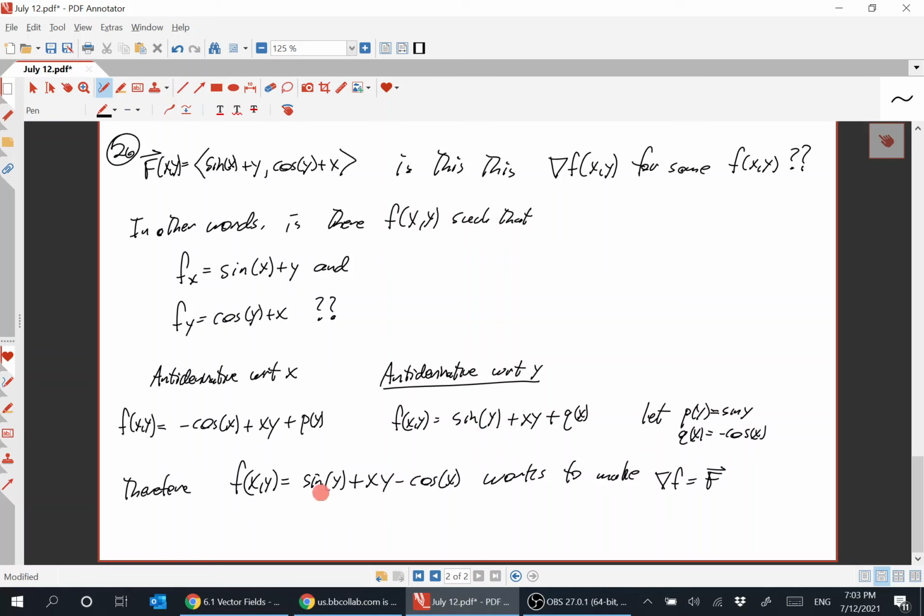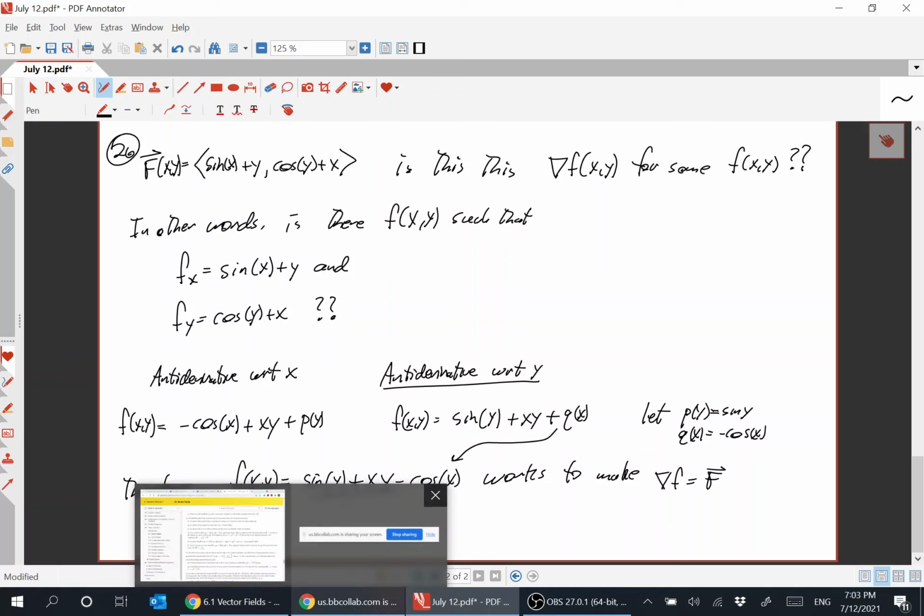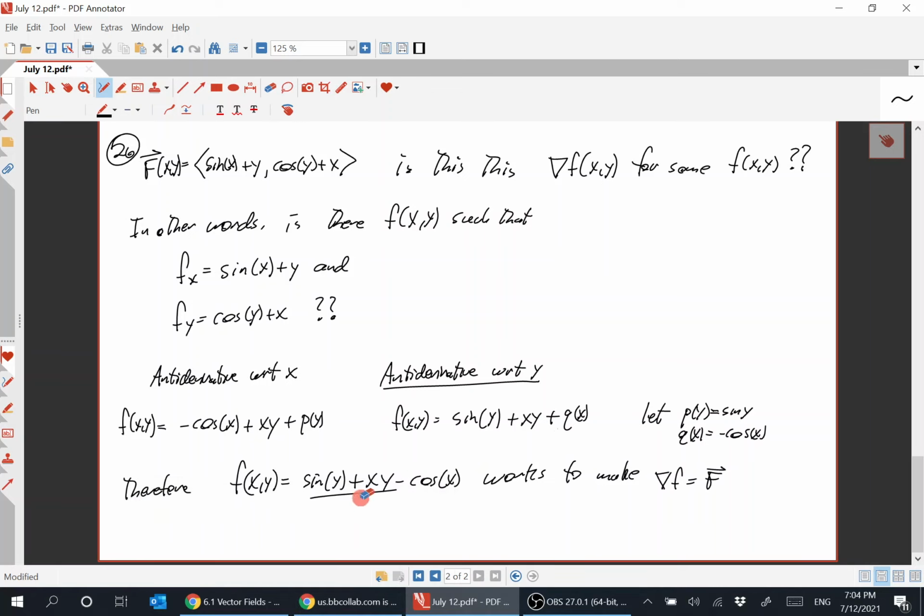Over here, this is sine y plus xy plus this q of x, just a function of x. So this function works as a two-variable function whose gradient is this. So yes, F(x, y) is a gradient field.